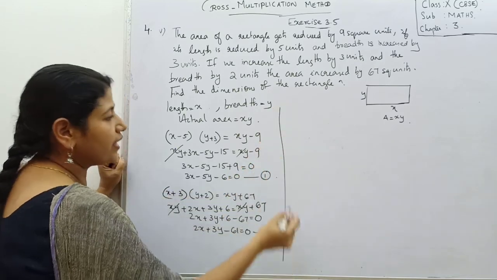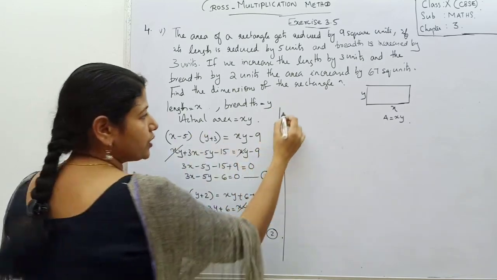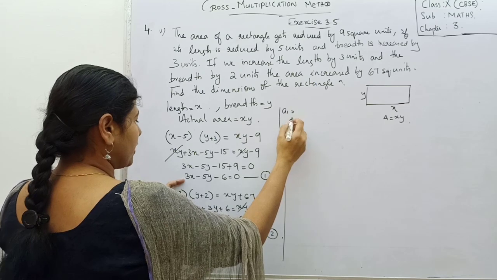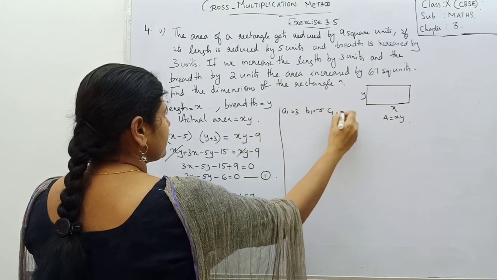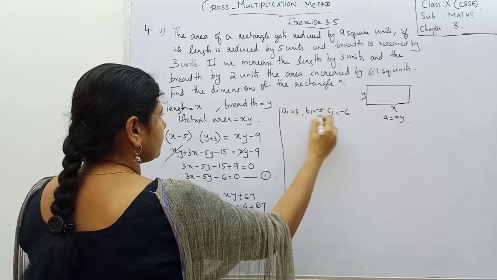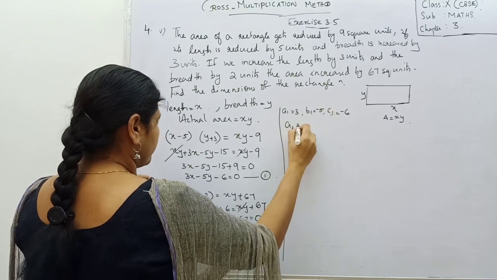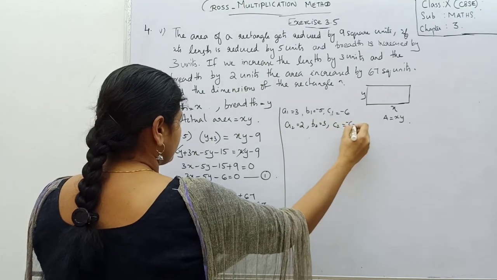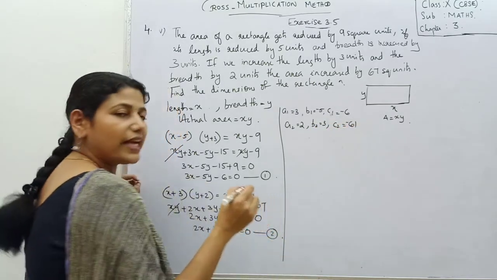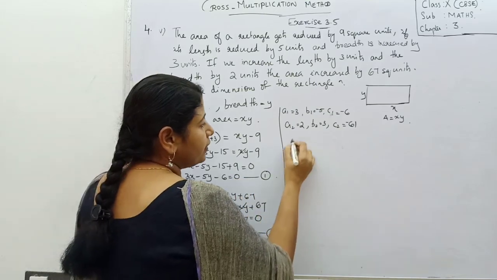So now we can write a1, b1, c1, a2, b2, c2. In the first equation, a1 is 3, b1 is negative 5 and c1 is negative 6. a2 is 2, b2 is 3 and c2 is negative 61. Okay. Now we can use the cross multiplication method.